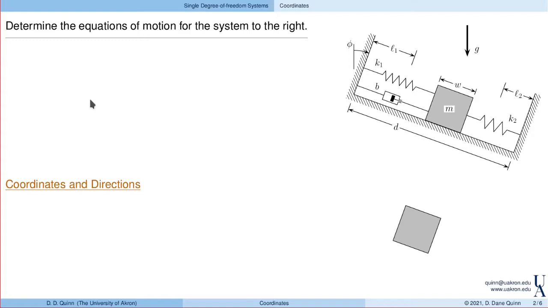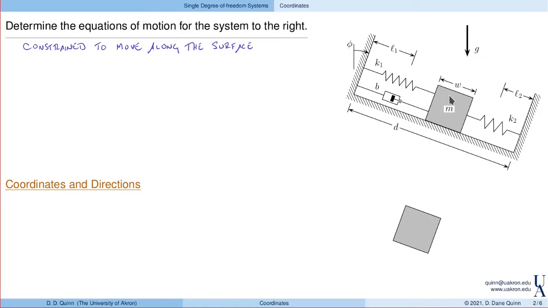To start off, we'll think about what's going on a little bit. If you look, this block is constrained to move only in one dimension. So it's constrained to move along the surface. As a result, we only need one coordinate to describe the configuration of the system, namely where the block is.